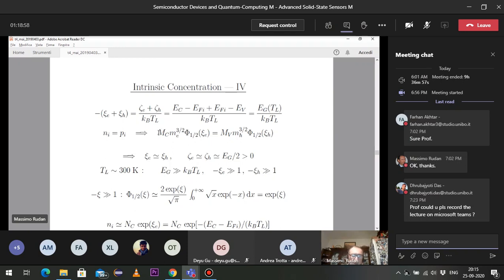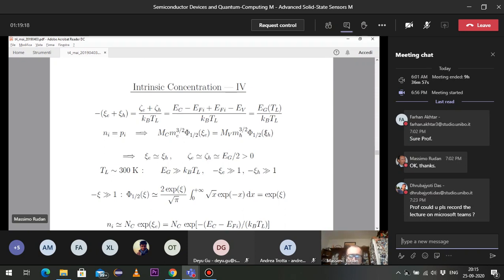This relation is still insufficient to solve the problem, because in this relation we have two different unknowns. One is psi e, the argument of the Fermi integral for the electrons, and the other one is psi h, the argument of the Fermi integral for the holes.